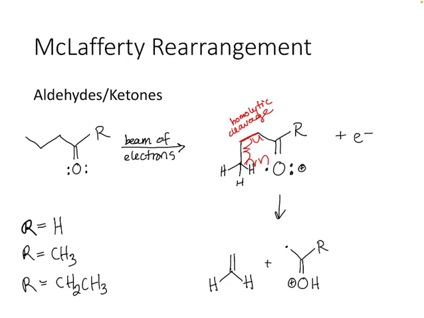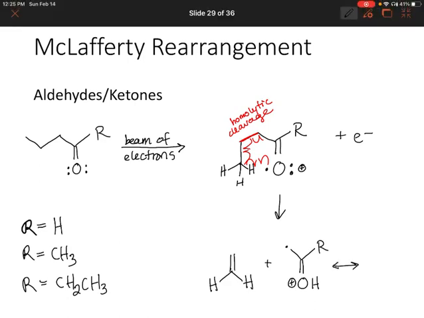Now, the radical cation does have a resonance structure, so that radical electron can move over and form a pi bond with one of the pi electrons down below. And then the other pi electron will go to oxygen.